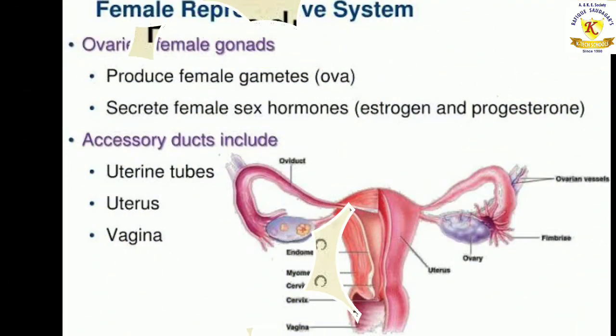Next is the female reproductive system: the ovaries, or female gonads, which produce female gametes called ova and secrete the female sex hormones estrogen and progesterone, and the accessory ducts include the uterine tubes, uterus and vagina.